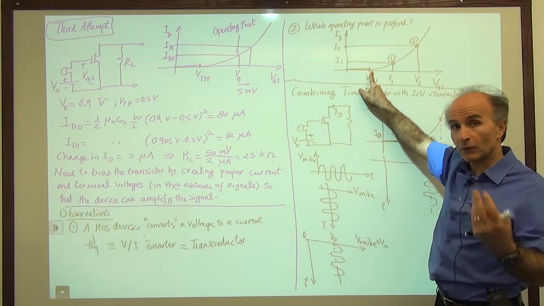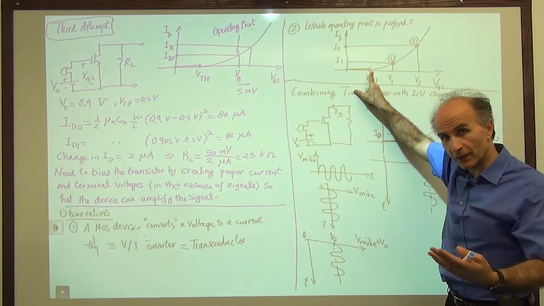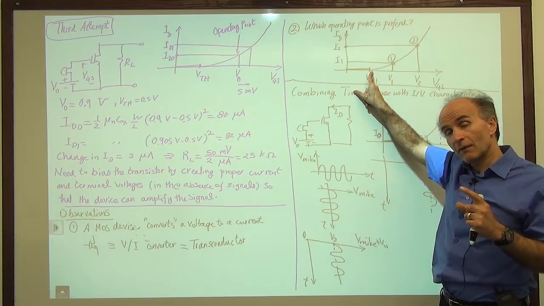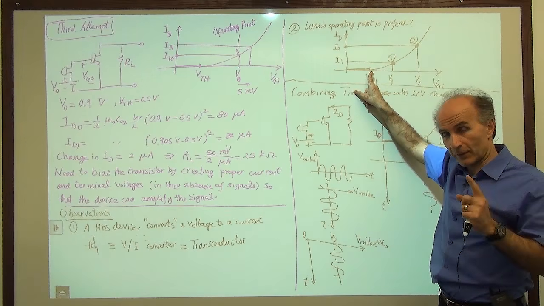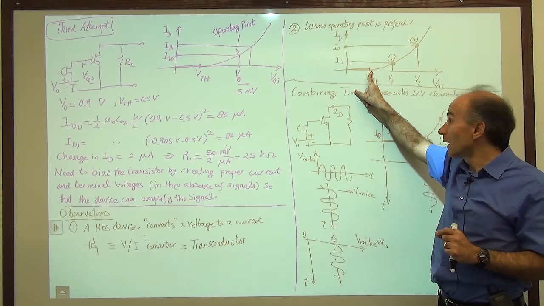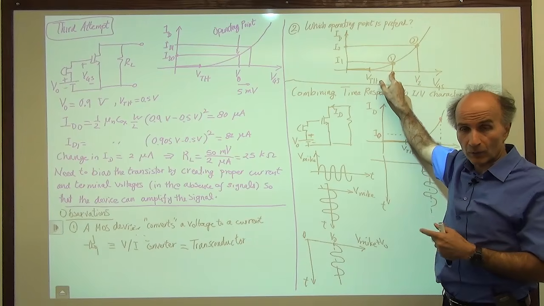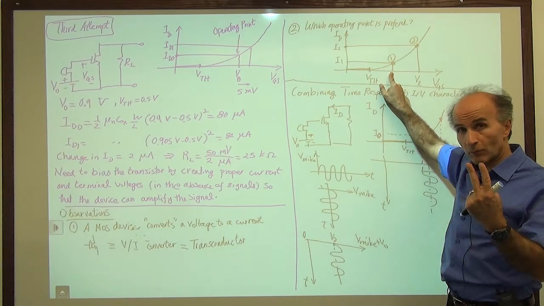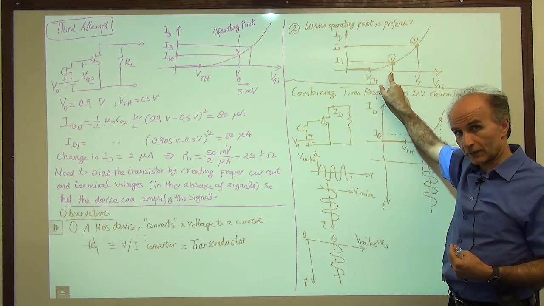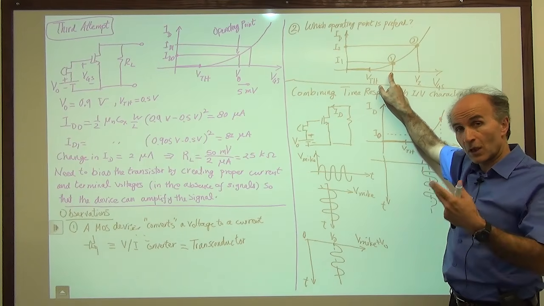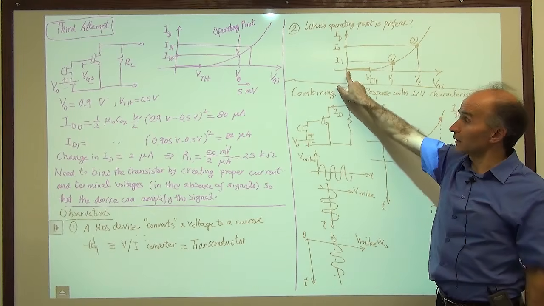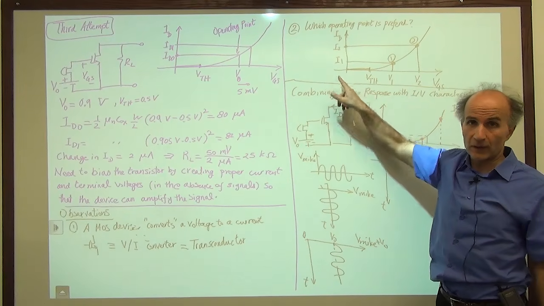So the voltage to current conversion of the device was very weak. 5 millivolts of change gave us only 12.5 nanoamperes of current. Later on, we went to 0.9 volts and things were better. 5 millivolts of change gave us 2 microamps of change in the current. So voltage to current conversion was better. The transistor was stronger. And of course here the transistor is dead because the slope is 0, so nothing there.